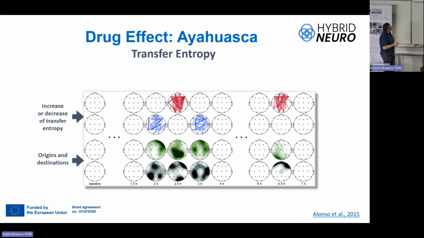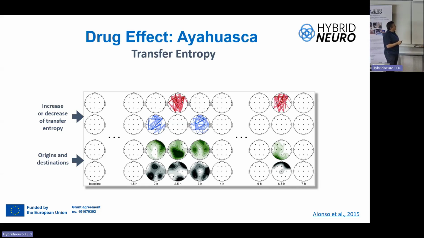So in this case, we can observe after 2 or 3 hours, especially a decrease and an increase of the transfer entropy. This is the same, but just to consider only decreases in the third row, the increases in the third row and decreases in the second row.